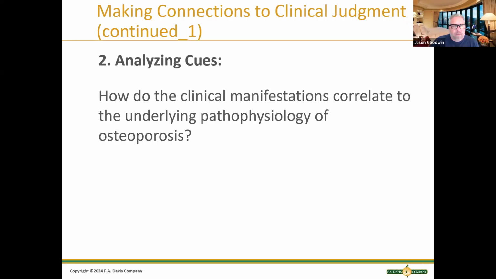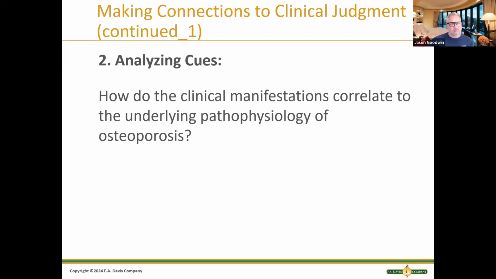How do the clinical manifestations correlate to the underlying pathophysiology? I guess the bone loss, which is consistent with her loss of height over the last year, would be one.